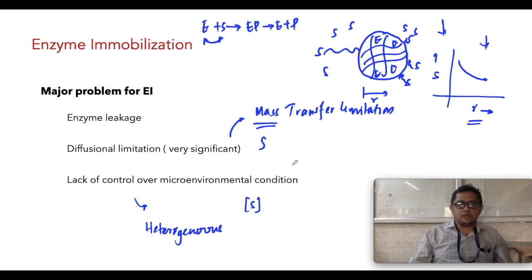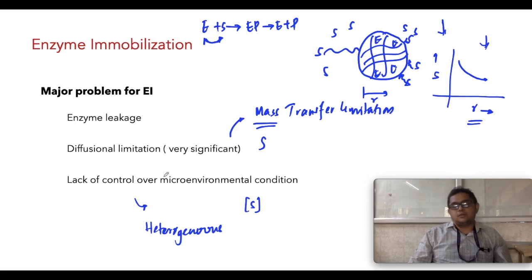There are so many factors that you cannot control whenever you do immobilization. This is the problem we need to account for in order to build a model that predicts your enzymatic activity and how much product is produced in a particular stipulated time period. So these are all the problems of enzyme immobilization.